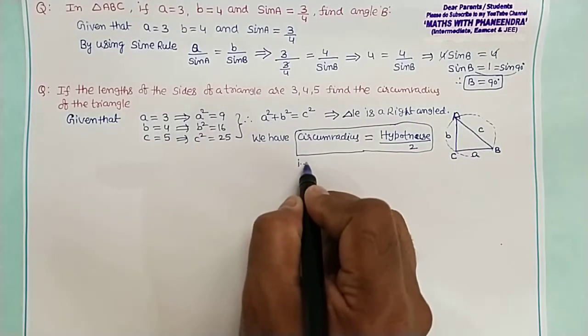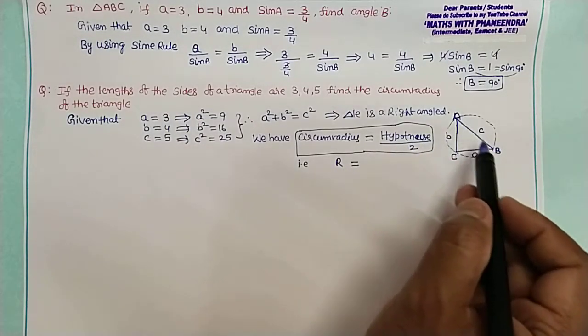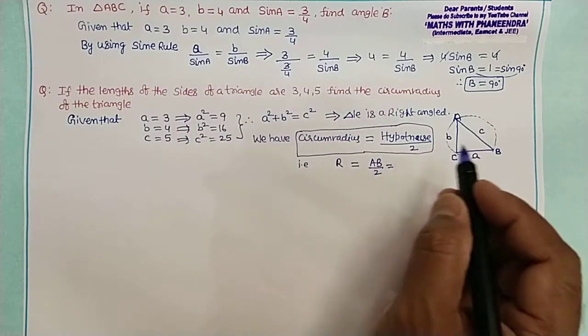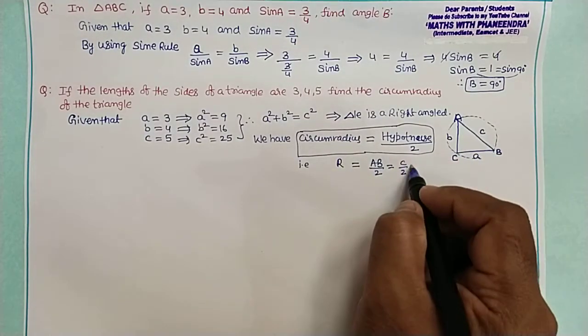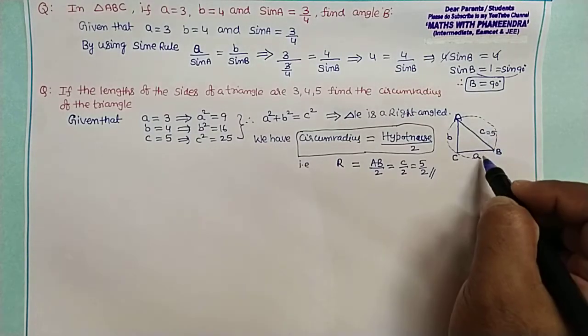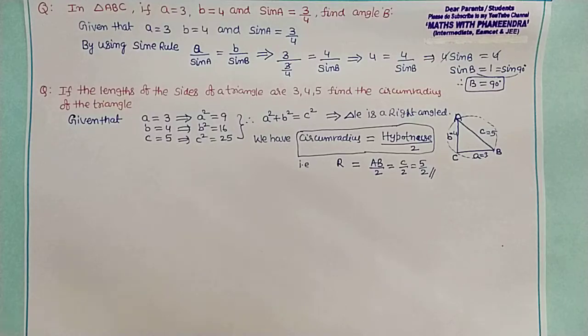That is, circumradius capital R equal to hypotenuse by 2. What is the hypotenuse here? AB, which is c. C is equal to 5. So 5 by 2. So we have to remember that whenever the triangle forms a right angle triangle, the circumradius is equal to half of the hypotenuse.